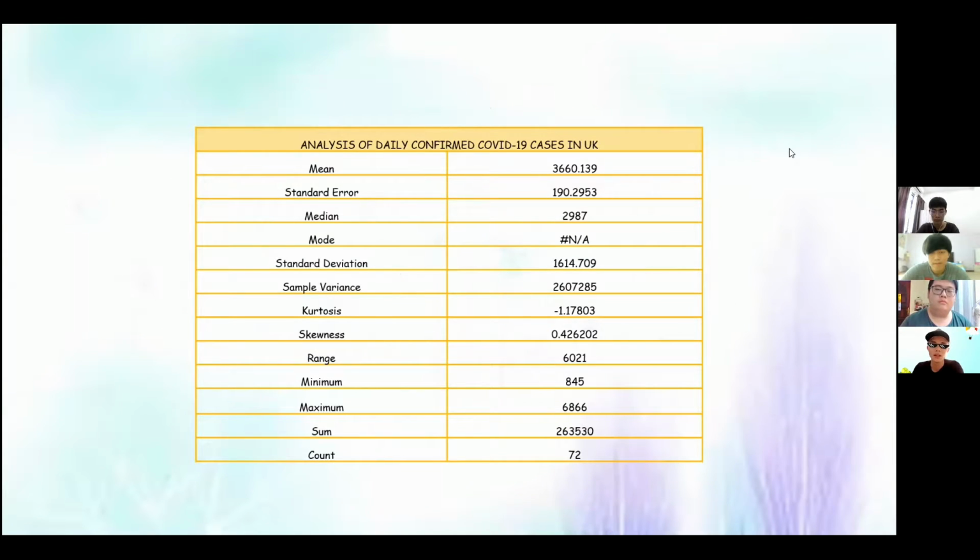So the mean of COVID-19 cases in the United Kingdom is 3660.139 and the standard error is 190.2953 and the median is 2987 and there is no mode, and the standard deviation is 1614.709 and lastly the sample variance is 2607285. Therefore, that's all for me.